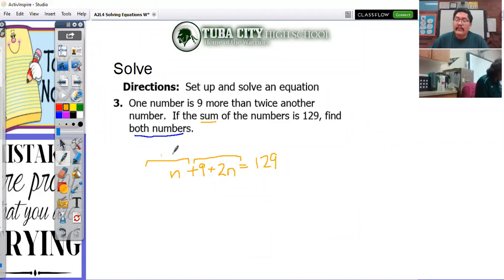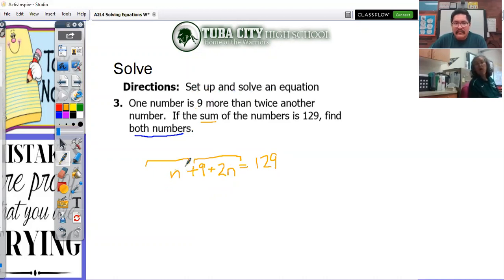Now let's look for the first number. So with these kind of word problems where you're looking for multiple items, multiple variables, you want to decide which one is the most important one to find first. The most important one is going to be the first one in this case here, because if I know what the first number is, I just double it and add 9, and now I have both numbers.